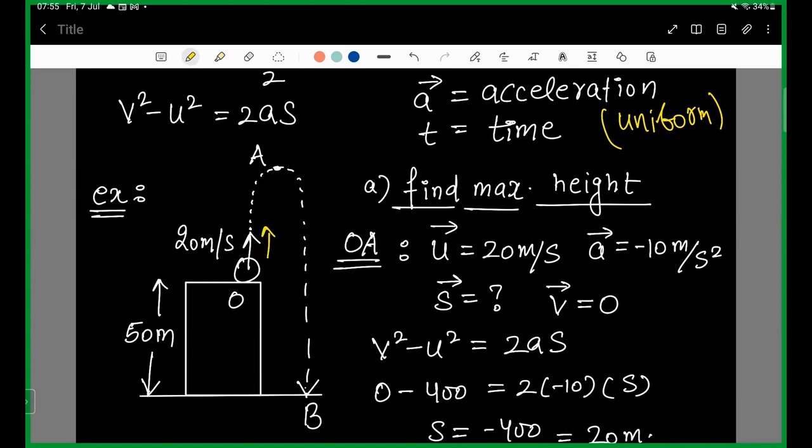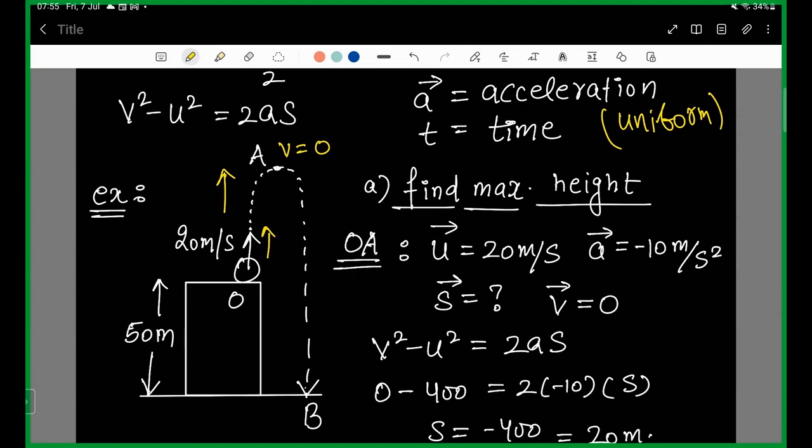As you predict, the ball will go up. As the ball is going up, gravity is pulling it down. Since gravity is pulling it down, its speed will keep on reducing until it becomes 0 at A. So I want to repeat this: a ball is thrown up with 20 meters per second.